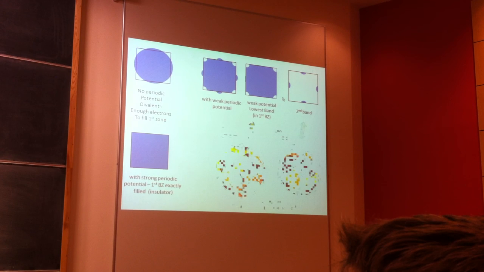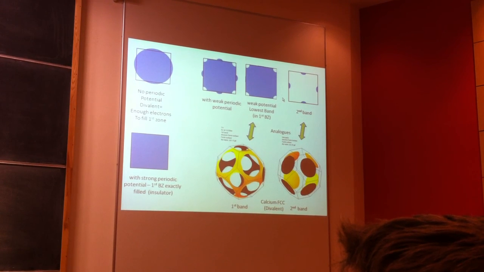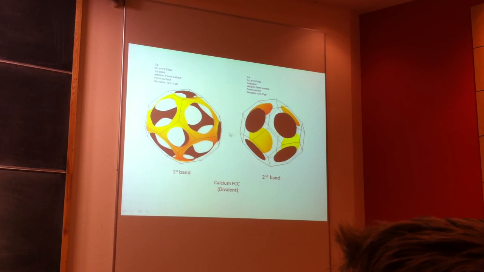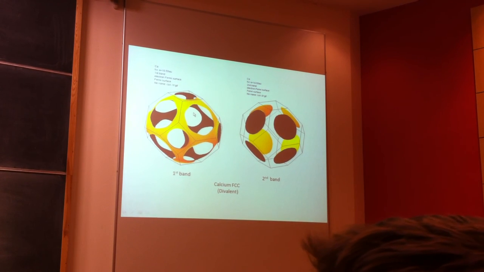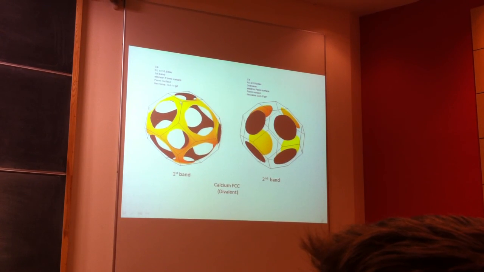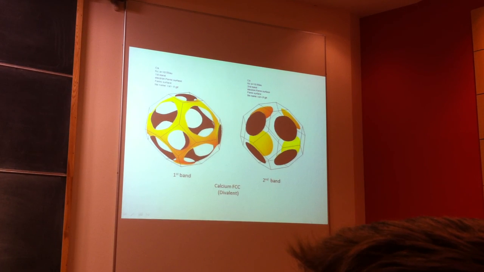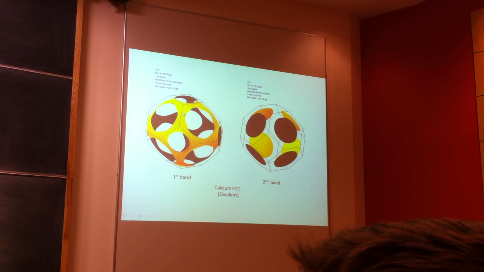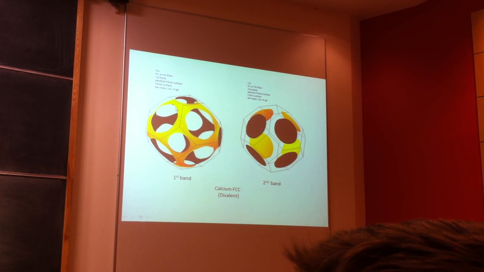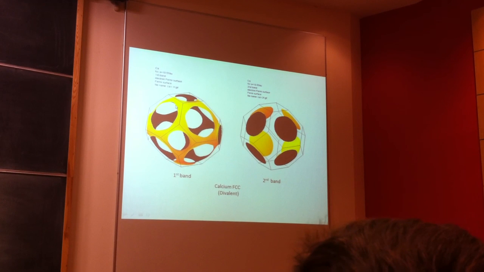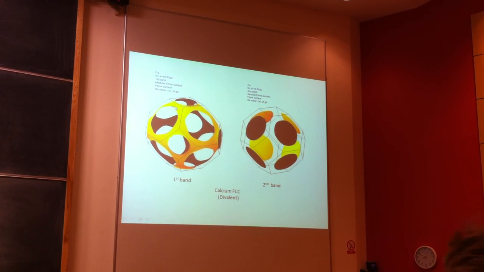So this is what happens in calcium. This is a little hard to see, but let me blow it up a little bit. Calcium is FCC, so it has this funny shaped Brillouin zone boundary, a truncated octahedron, and this yellow ball almost completely fills the Brillouin zone, but not quite. The yellow ball is slightly inside the Brillouin zone in a lot of places.